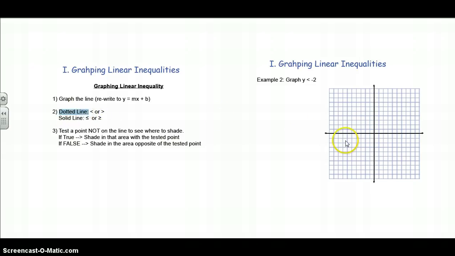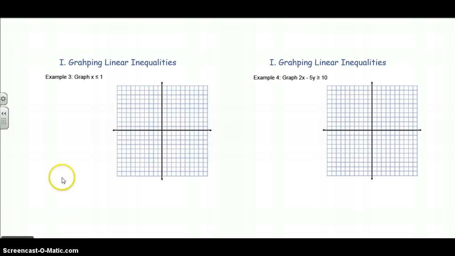So I'm going to use a dotted straight line at negative 2. So all across here, dotted straight line. So since it's less than, I always go below the line. And to test the point, if y were positive 2, it would not be true, because positive 2 is greater than negative 2. So try out these two examples and then check your work in class.